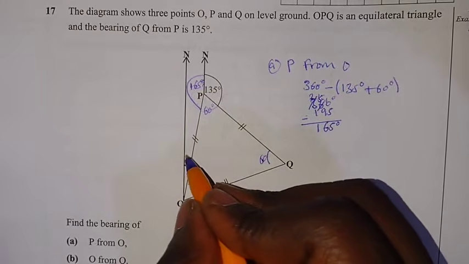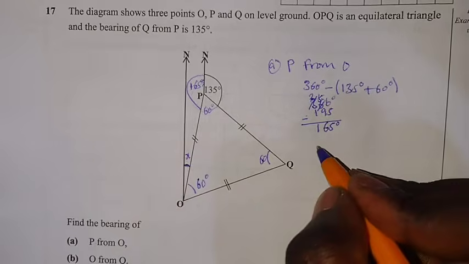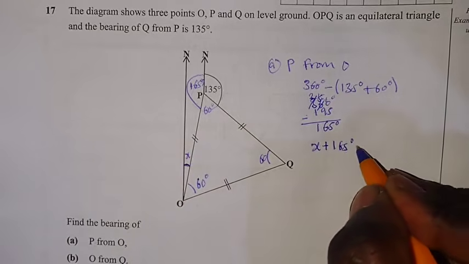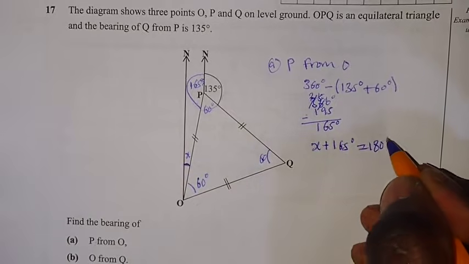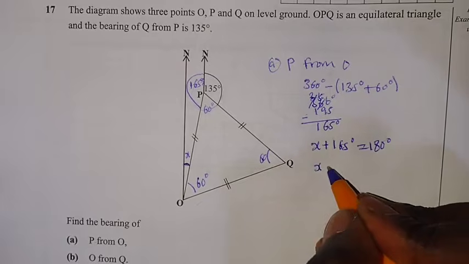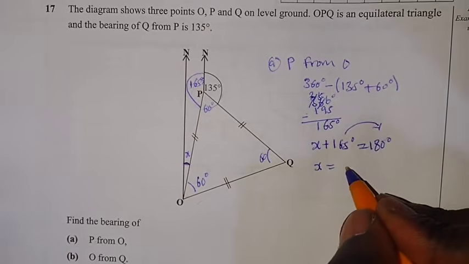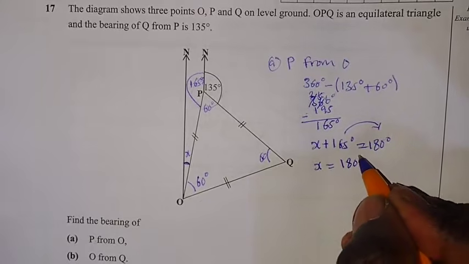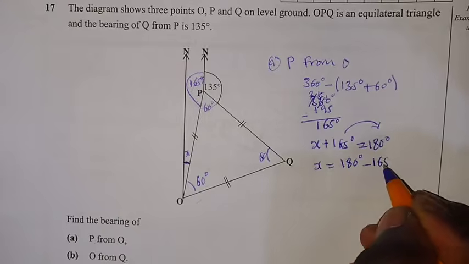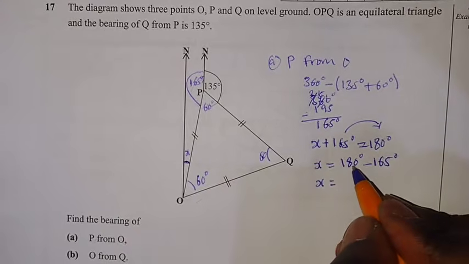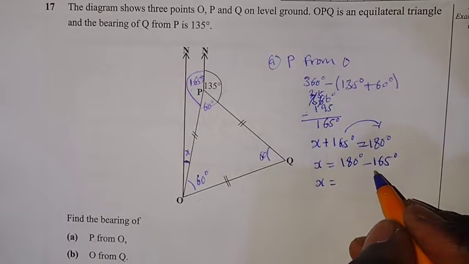Let's assume that here we have x. So if we say x plus 165 degrees, this should give us 180 degrees. To find the value of x, we take this 165 to the right hand side. We are going to have 180 degrees minus 165 degrees. So x is equal to 180 minus 165 degrees.